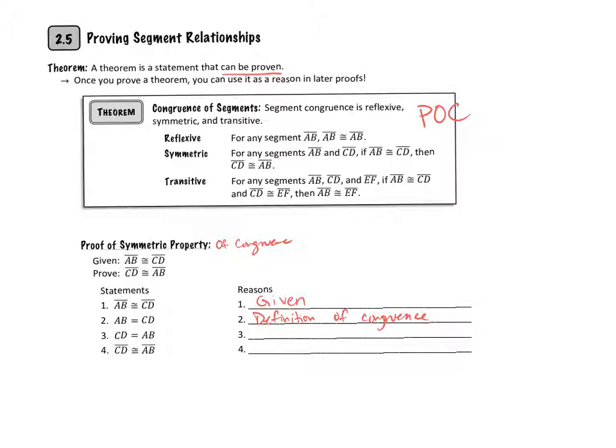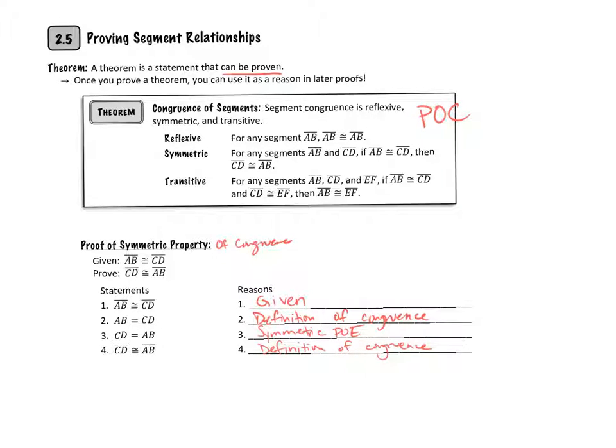In statement 3, I reverse the order of that, so that is the symmetric property of equality. Then in statement 4, I have used my definition of congruence to go from saying that two segments have equal length to saying that they are congruent. So that is the definition of congruence.